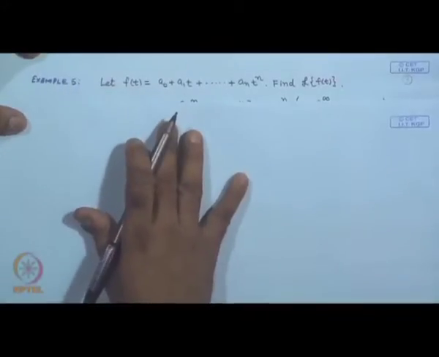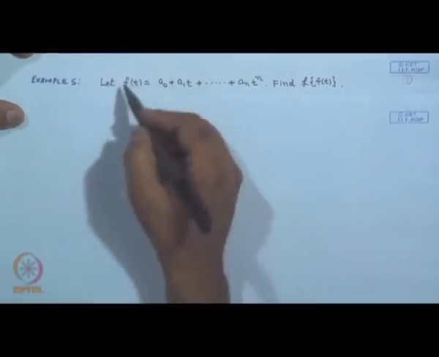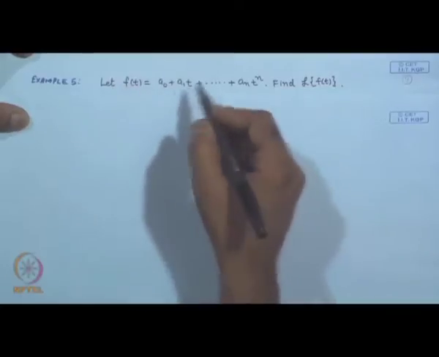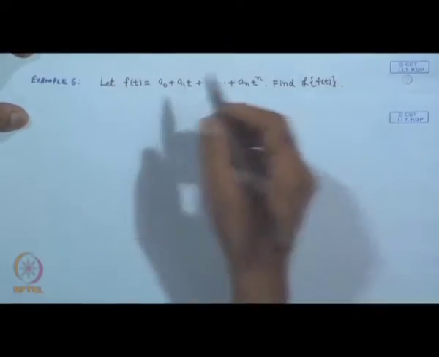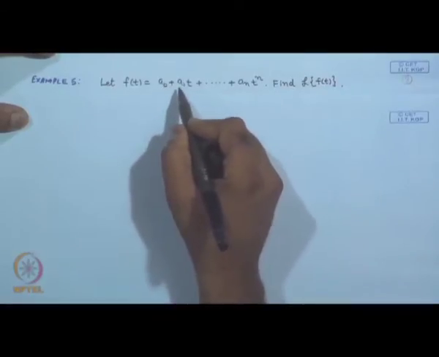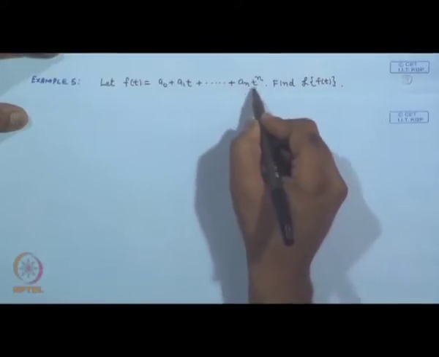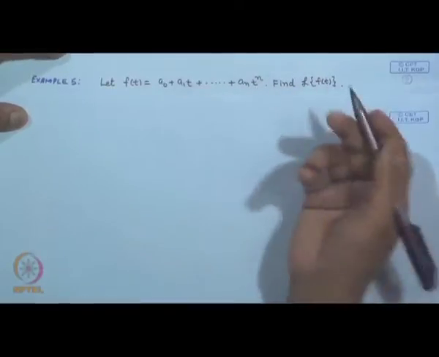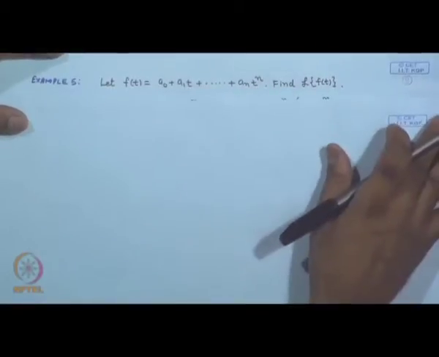Okay, so now the next example we have: let f t be a linear combination of these powers of t. So, we have a 0 plus a 1 t plus and so on a n t n. So, it is a polynomial of degree n in t.